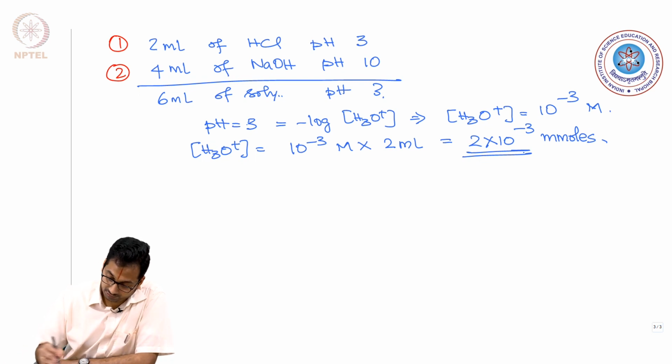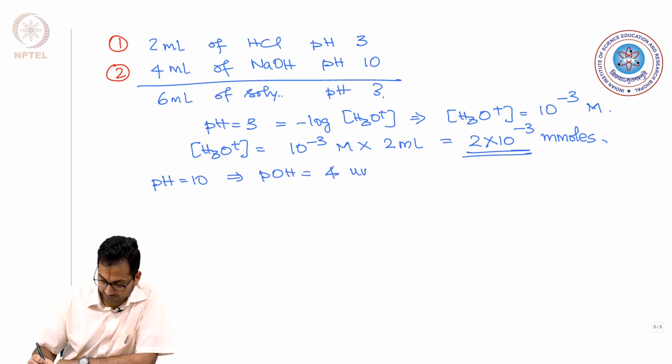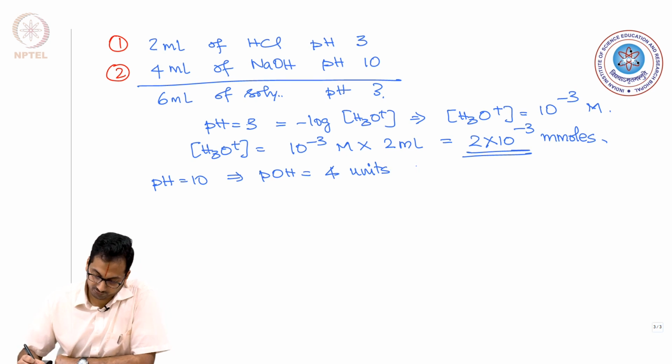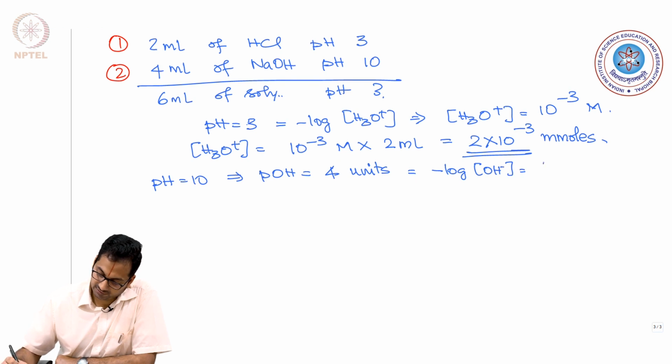And let us determine what is the concentration of OH minus that is present, that will end up neutralizing this acid. At pH 10, we understand that the pOH is 4 units. If the pOH is 4 units, this implies minus log of OH minus is this, which will end up as 10 power minus 4 molar NaOH is present.